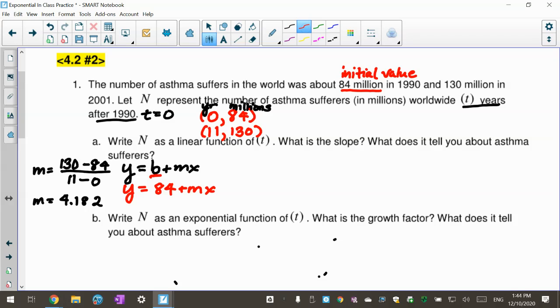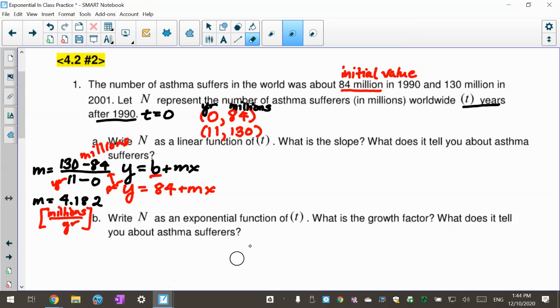And I want you to remember that this is in millions of people. This stands for per, and this stands for year because I did my y's over my x's. So the unit of this is millions of people per year. I just want you to keep practicing that so that you would know your units, and it's really easy to do if you label everything.